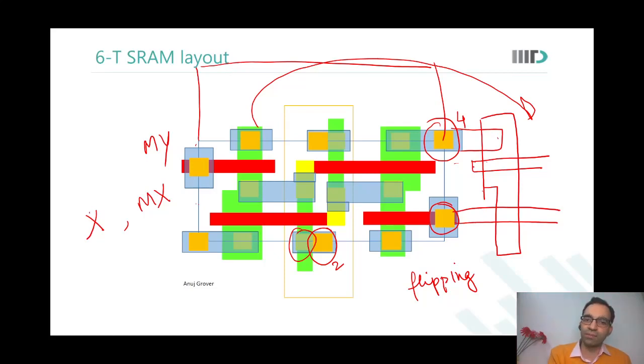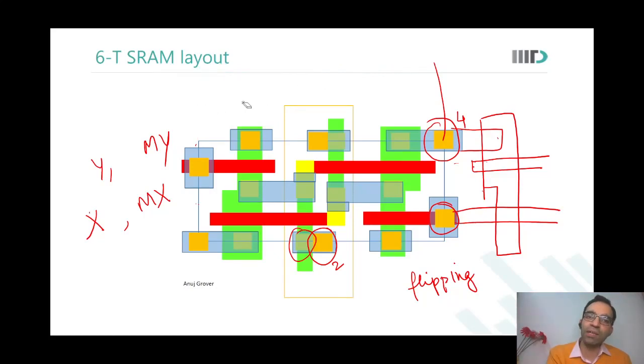And then you mirror again and you will get Y. So you don't need to learn or remember all this. What I'm telling you is that when we abut memory cells, because we want to do sharing, we mirror the cells, we flip the cells so that we come into an array formation.